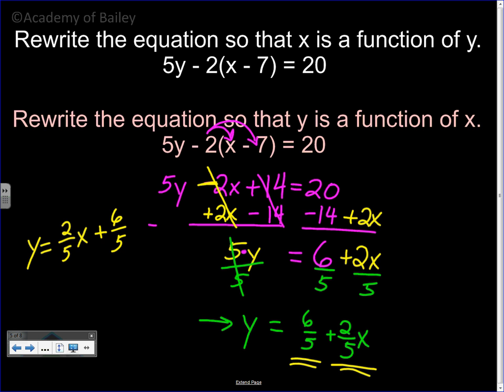Y equals 2 over 5x plus 6 over 5. So both of these are the same. You should be able to recognize that they're both the same. We do like this one. It is in slope-intercept form. But if we have this one here on the right, we can change it to slope-intercept form fairly quickly.